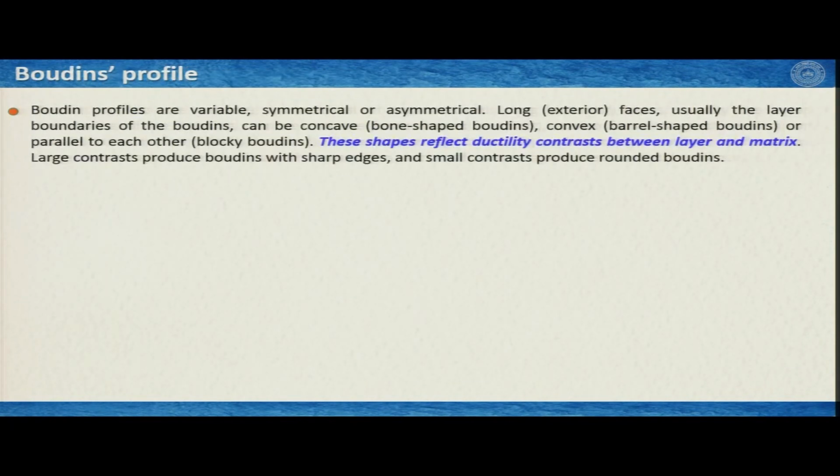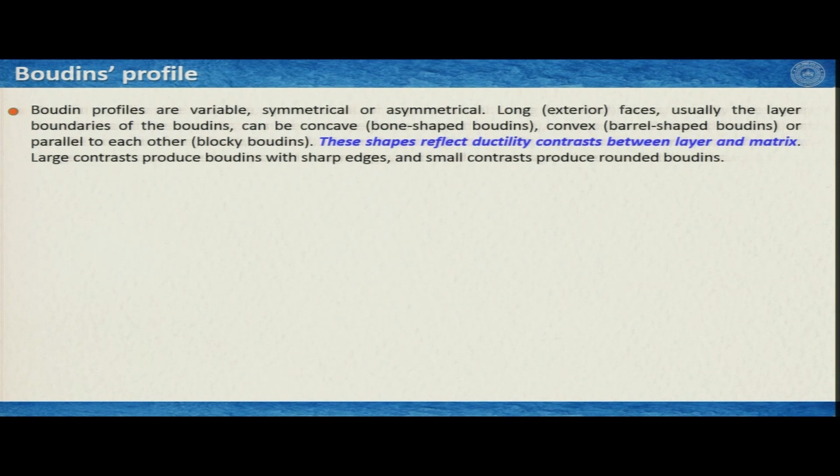Now, the Budins in the profile, as we have seen in a few cases, we have pinch and swell structures on one hand. So, it is like a lensoid shape, and in a few cases in field photographs we have seen the Budins are really straight. So, the Budin profiles are variable, as you can imagine, and we will see later that they can be symmetrical or asymmetrical.